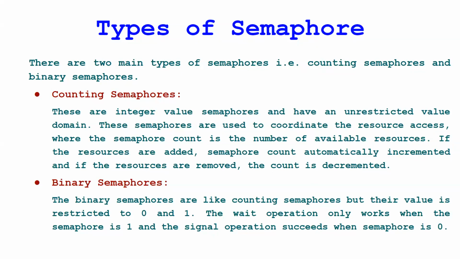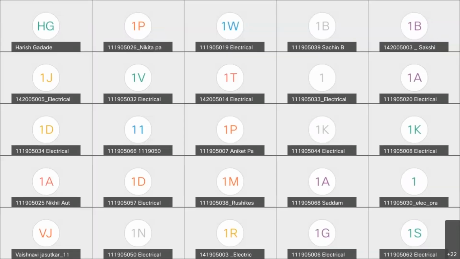If you have any query till this, you can ask me. It is somewhat confusing, so don't be confused, because here you just understand one critical section is there, and at a time only one process we can allow to enter into that critical section. With respect to that, only the other parts are there.